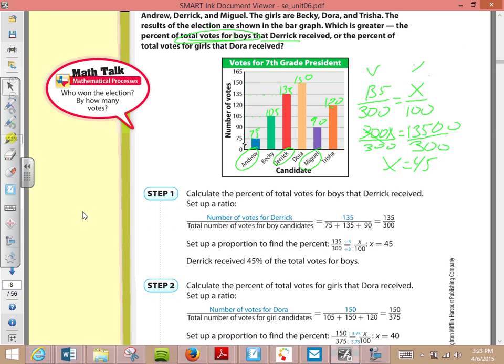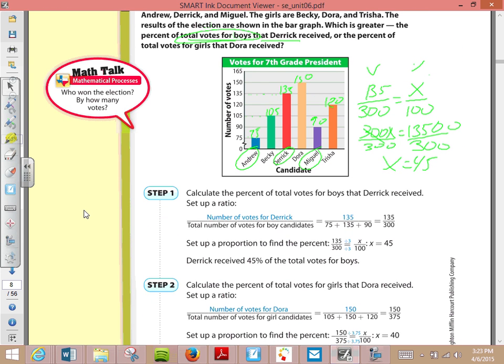Then you look at Dora the same way, and if you notice, Dora got 150 when you add those up out of 375. So when you do the same thing, she ends up with 40% of the votes. So who had the highest percentage? Derek, right?